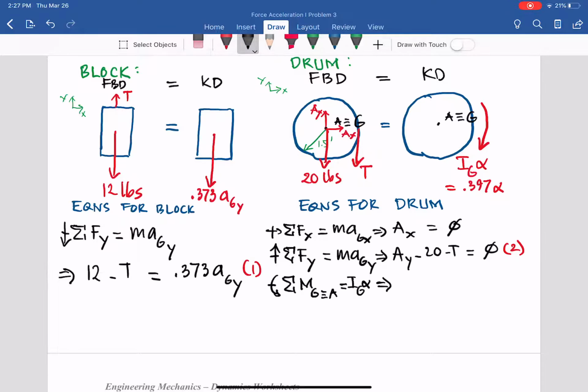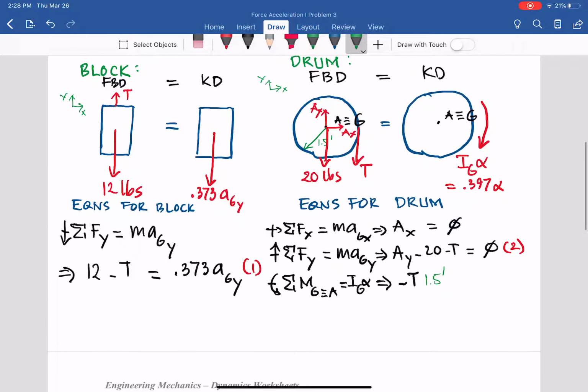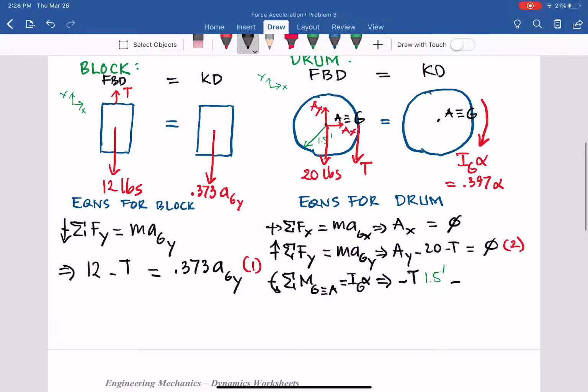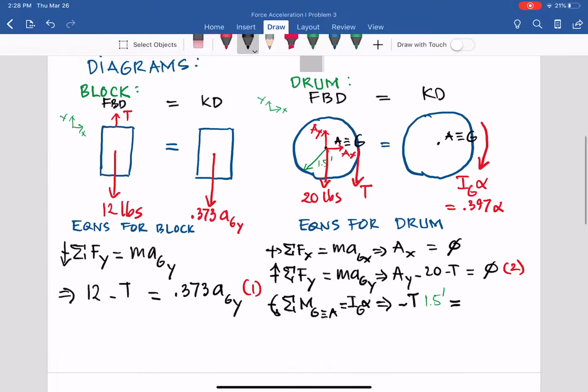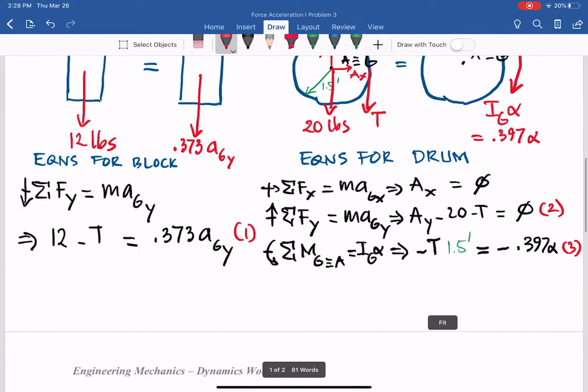So what is meaningful here is negative, because clockwise, T times the radius, 1.5 feet, equals IG alpha. We assumed counterclockwise is positive, and IG alpha is clockwise, so you have negative 0.397 alpha. Let's make that equation 3. Now this is a tricky part.